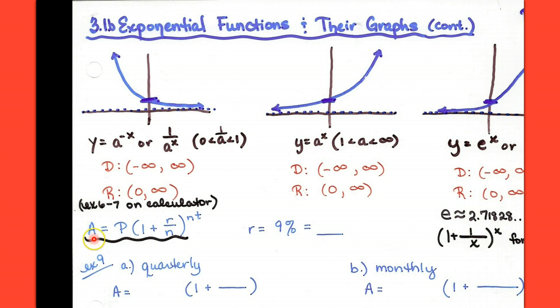It's A, your amount when you're done, is equal to P, your principal when you begin, times 1 plus R, that's going to be your interest rate, and we're going to write that as a decimal, divided by N, where N is the number of times each year that your investment is getting compounded with interest. This N is the same, and T is your time in years.